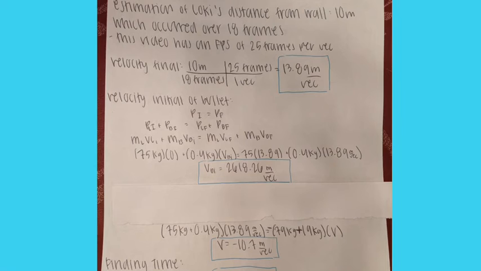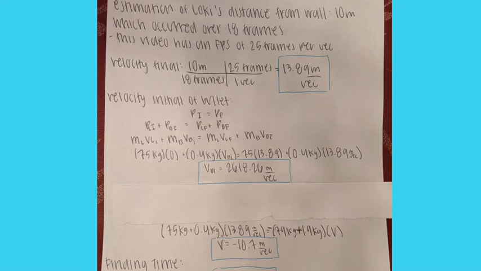From basic algebra, we found that the initial velocity of the bullet is 2,618.26 meters per second, which is obviously extremely fast considering a normal bullet would travel at around 500 meters per second.